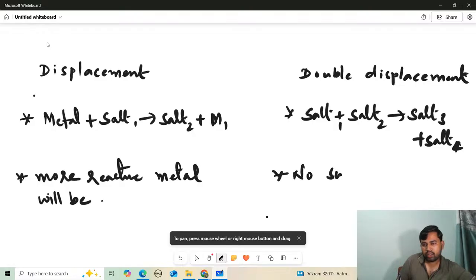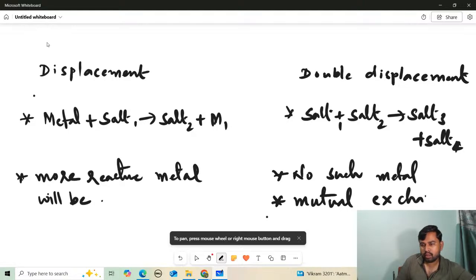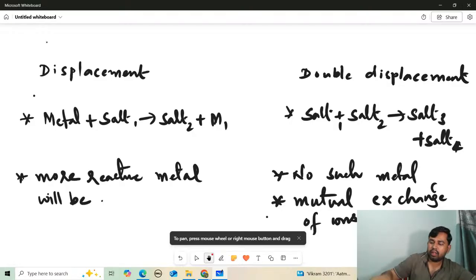What is happening here is a mutual exchange, an exchange of ions. Which case is a double displacement reaction, right?